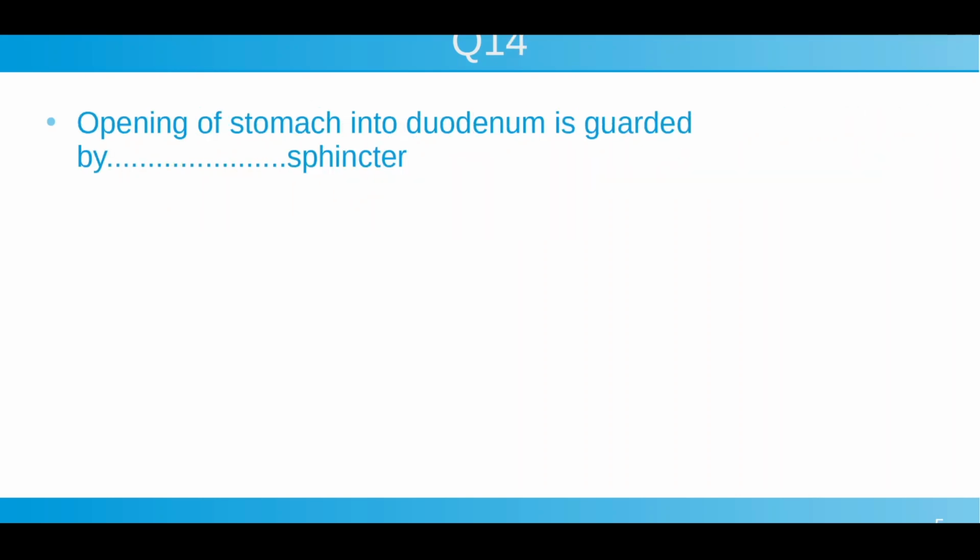Moving on to question number 14th. Opening of stomach into duodenum is guarded by. So now the stomach will open into the first part of the small intestine, that is duodenum, and it is guarded by the pyloric sphincter. Next question. Ileum opens into dash.